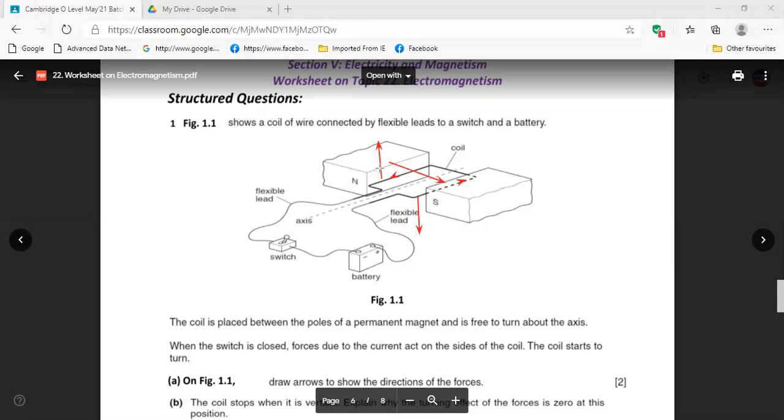So here we also label the forces. Also label here force. Done.